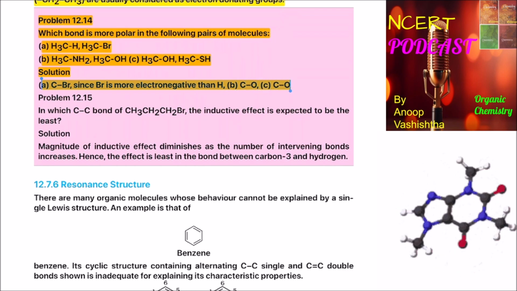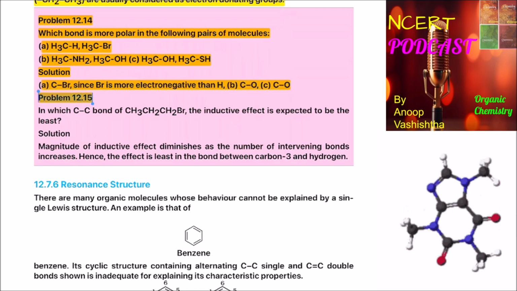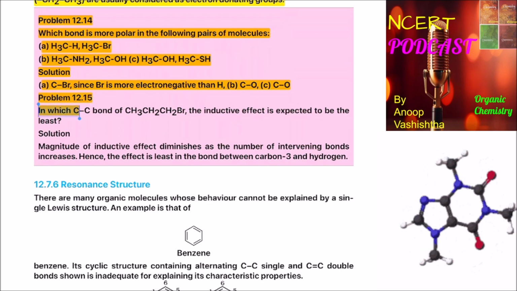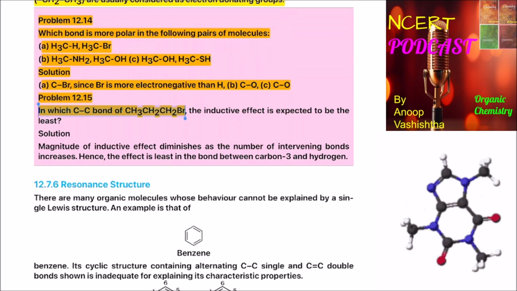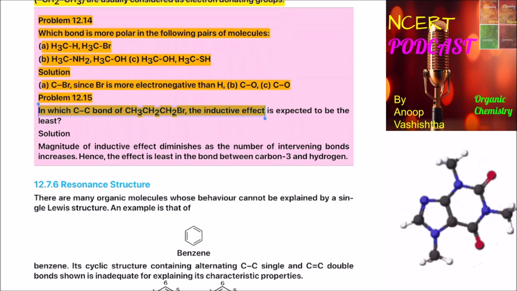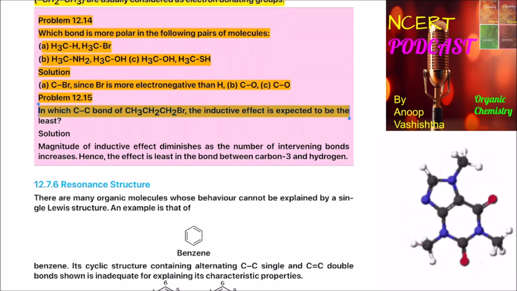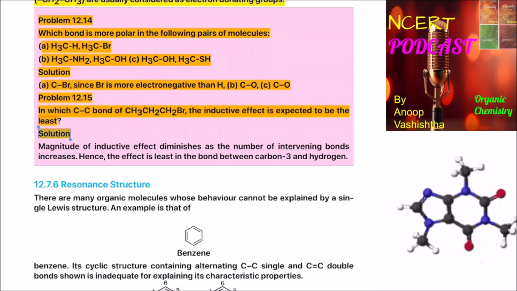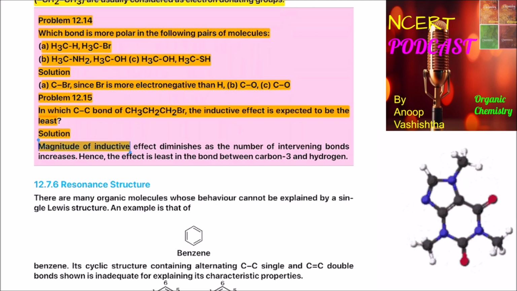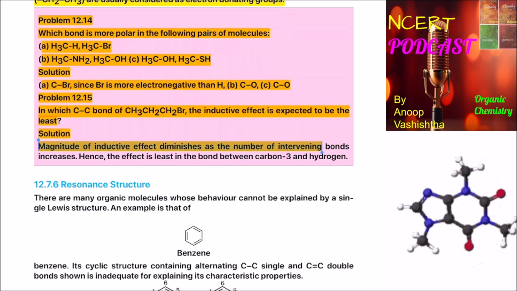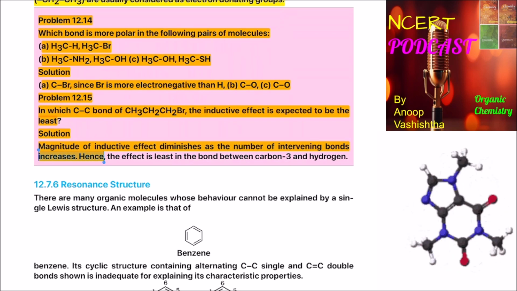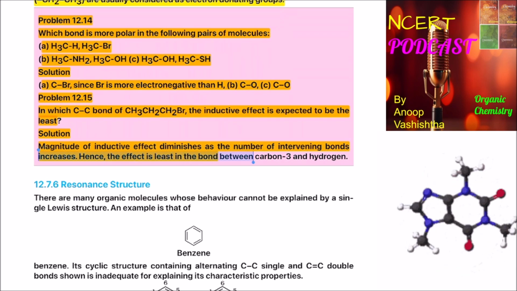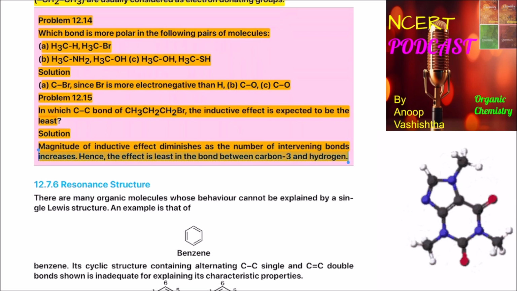C. C-O. Problem 12.15. In which carbon-carbon bond of CH3CH2CH2Br is the inductive effect expected to be the least? Solution: The magnitude of inductive effect diminishes as the number of intervening bonds increases. Hence, the effect is least in the bond between carbon 3 and hydrogen.